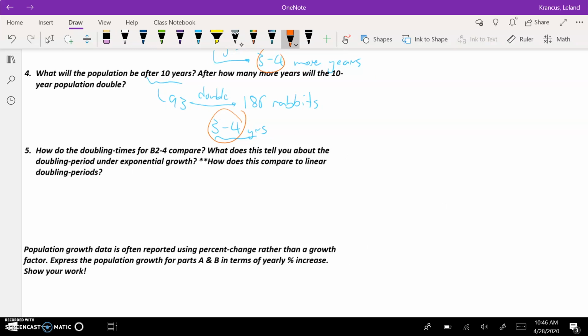And that's because as we're taking our 15 times 1.2 times 1.2 times 1.2 times 1.2, 1.2 to the fourth power is about 2.